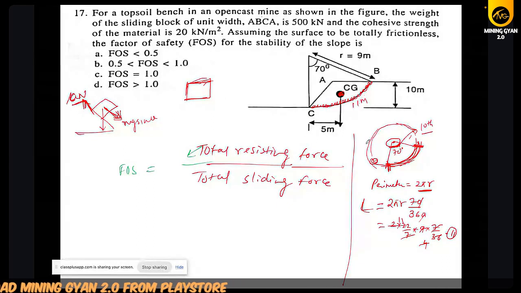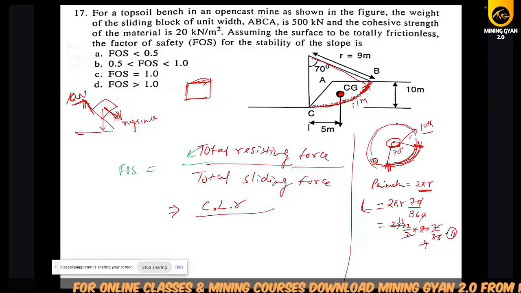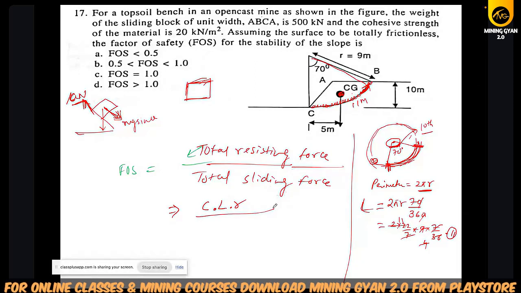So L is the arc length. What will be the cohesive force? The total resisting force will be the cohesive force applied on this L. So we multiply with the arc length L and the radius, so it will be C L R. Total resistive force will be CLR, and the total driving force will be the weight W times the distance from the center of curvature to the center of gravity, which is 5 meter.